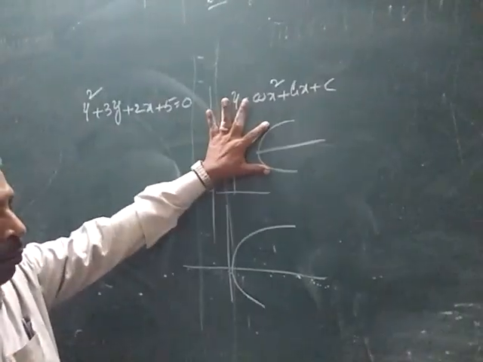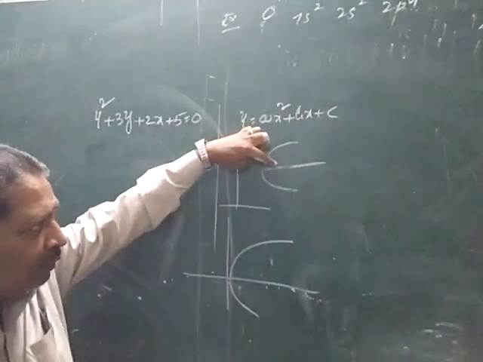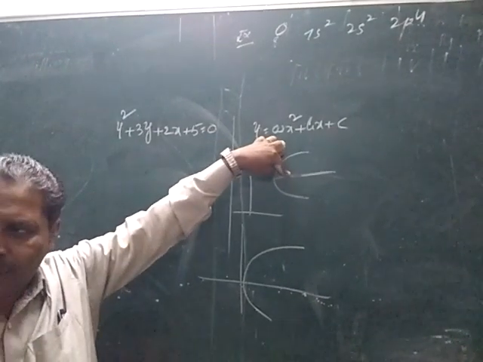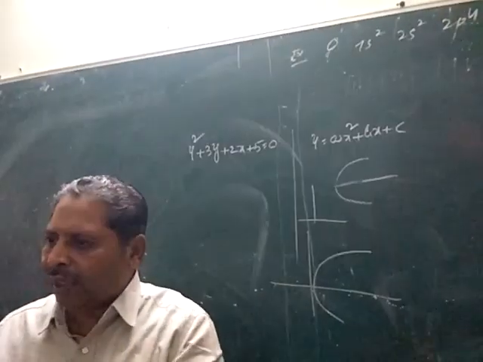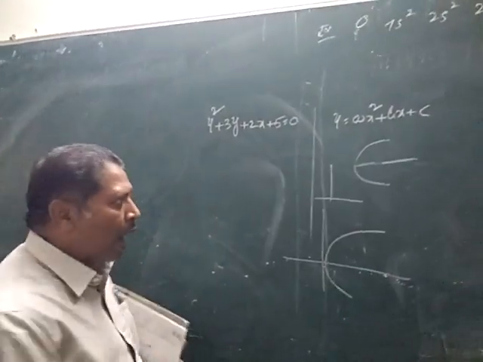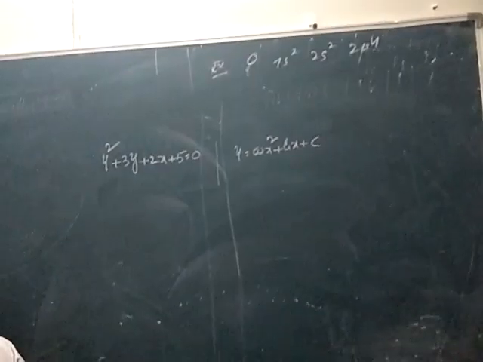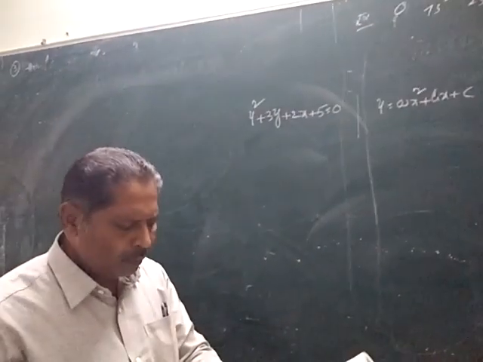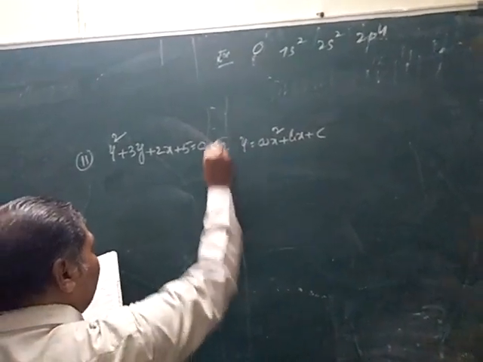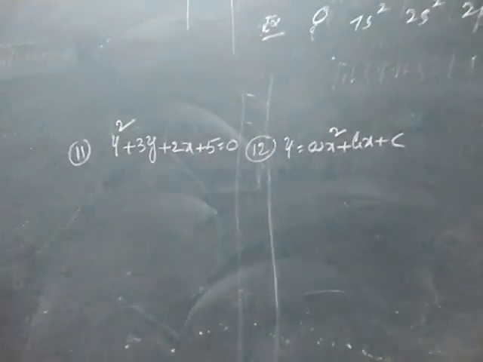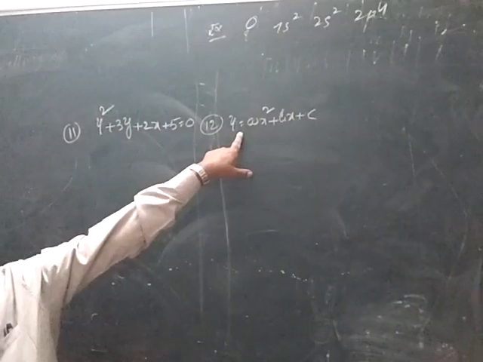This diagram is symmetric to this line, and this line is called the axis line. So symmetric line means indirectly the axis line. This is bit number 11, bit number 12. So this is a y square parabola, and this is an x square parabola.